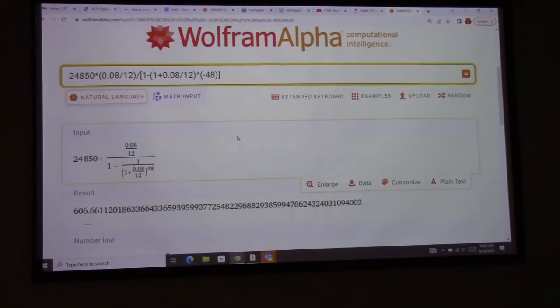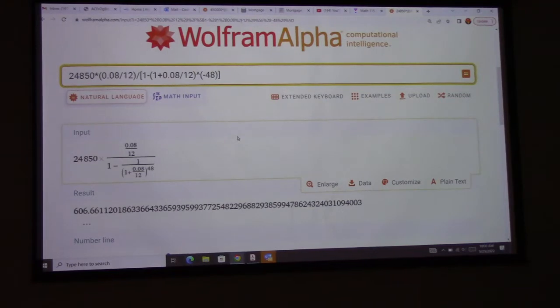Oh, wait a minute. Sometimes Wolfram Alpha is too smart for itself. I know it looks funny, but that's right. So the payment, for me, is $606.66. All right.